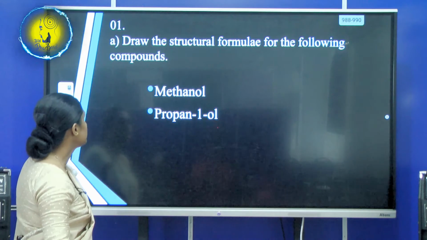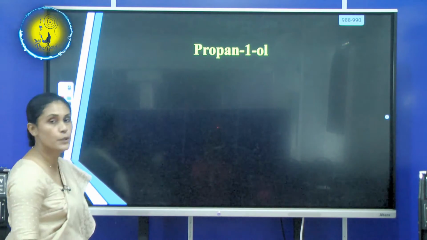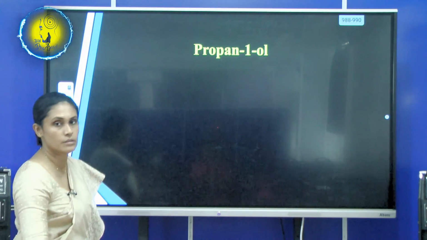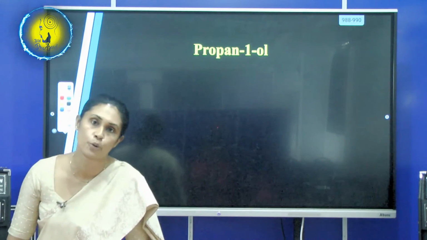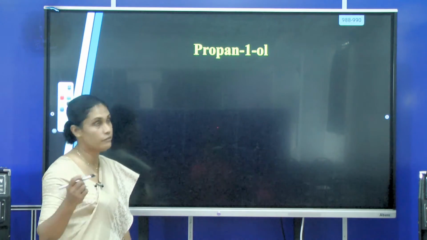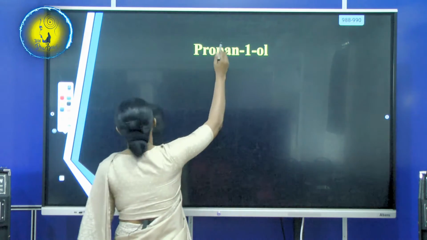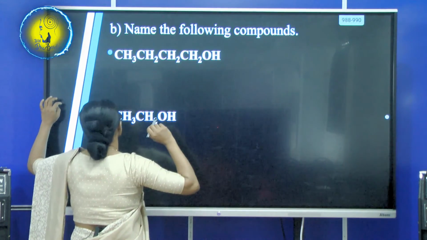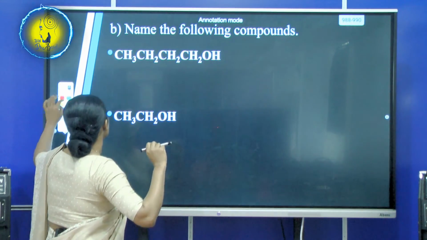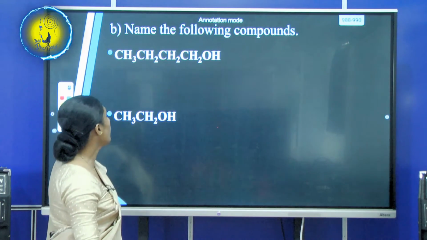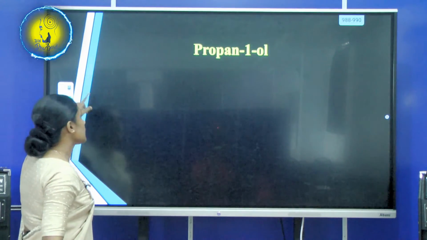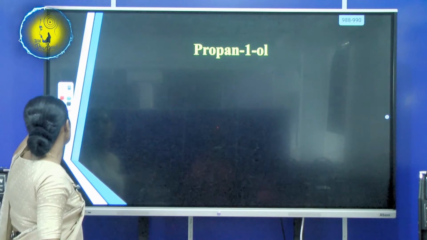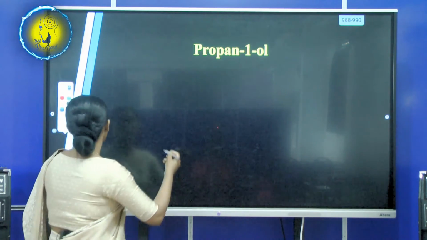Next one, propanol. Propan-1-ol, or some of you say propanol, right? Whenever you hear the word prop, you know it is carbon with 3 atoms, right?